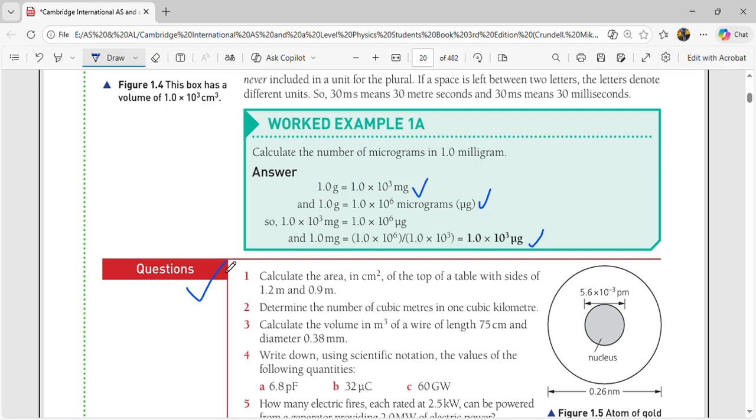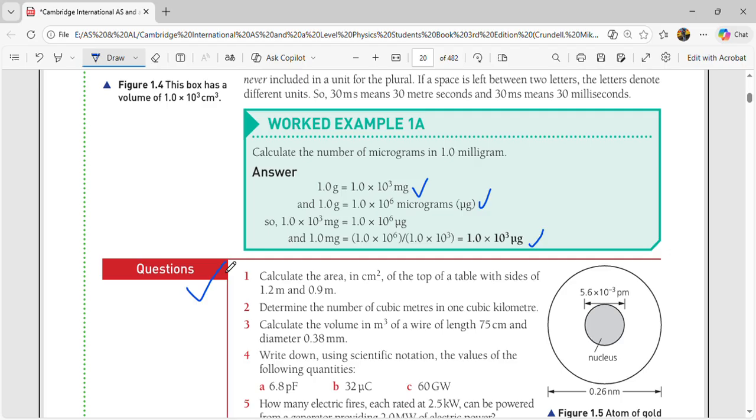You can first convert the dimensions directly, 1.2 meters to centimeters and 0.9 meters to centimeters. If you multiply by 100, because 1 meter is 100 centimeters, 1.2 will be 120 and 0.9 will be 90. So 120 times 90 gives your area in centimeters squared.